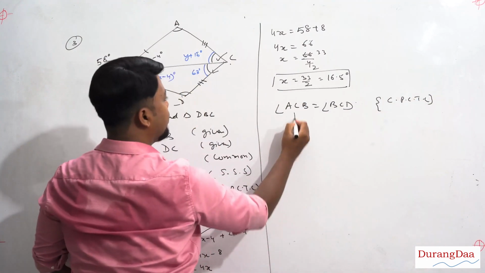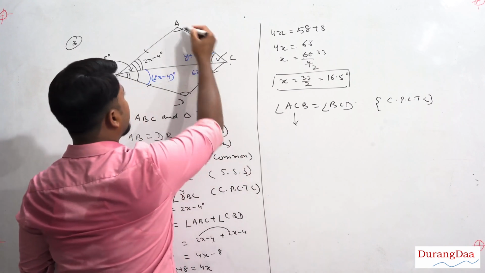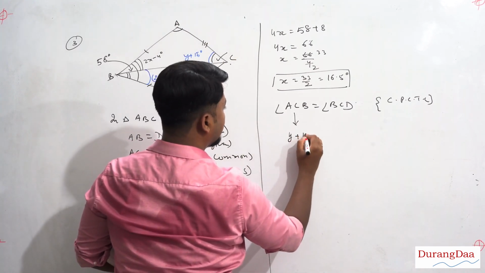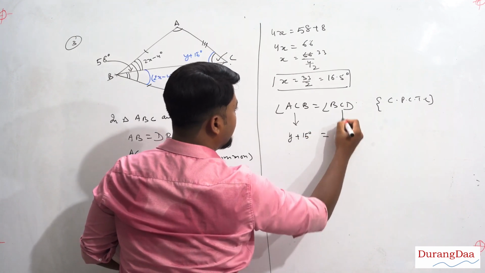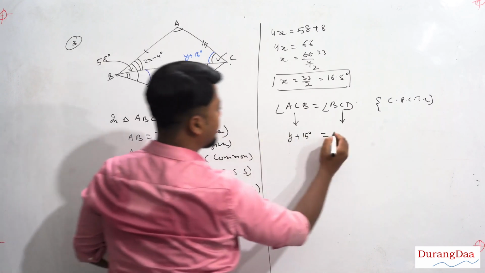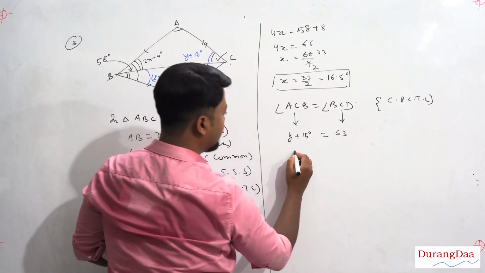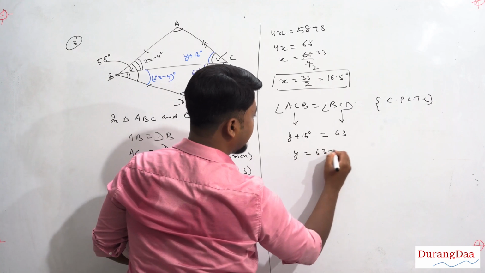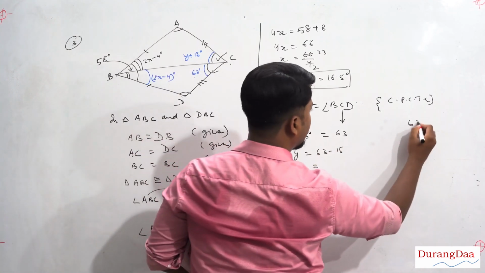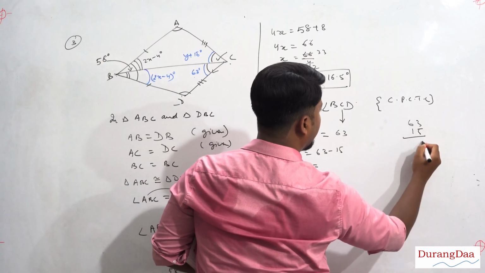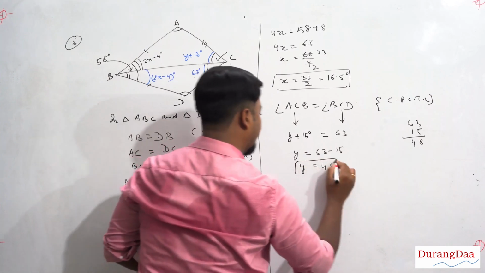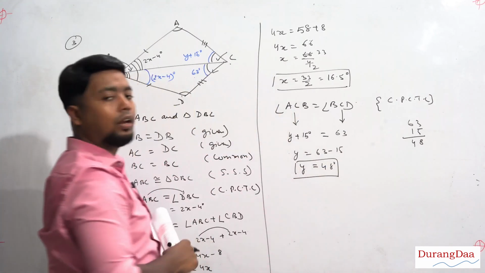Alright, the value of angle ACB is given here, y plus 15 degrees, write it here, y plus 15 degrees equals the value of angle BCD, which is 63, put it here, solve it, y equals 63 minus 15. So y would be, just do it in rough, this would be 48. So 48 degrees. So the values of x and y have been calculated.